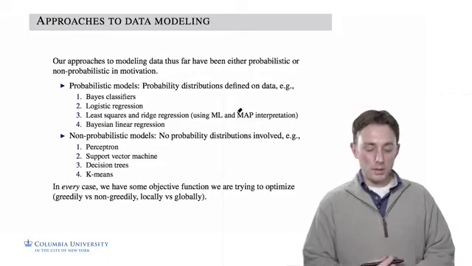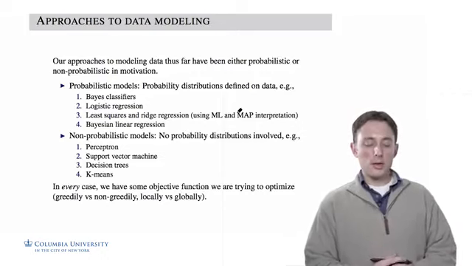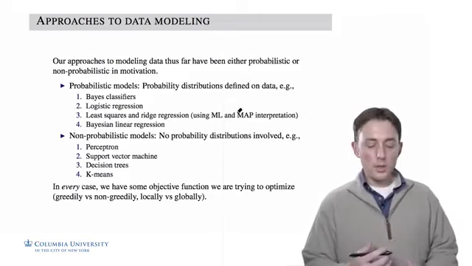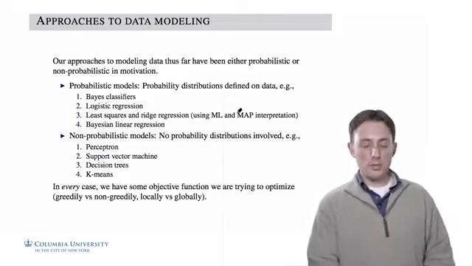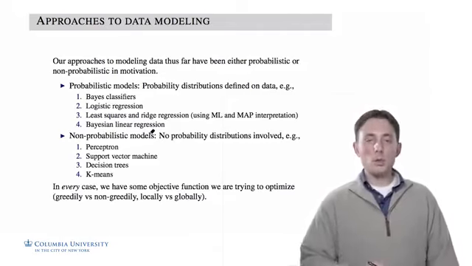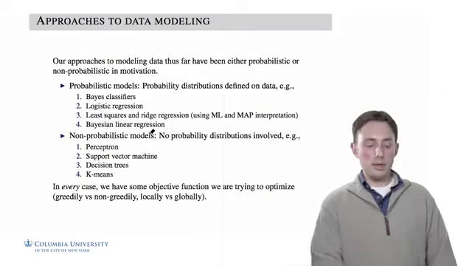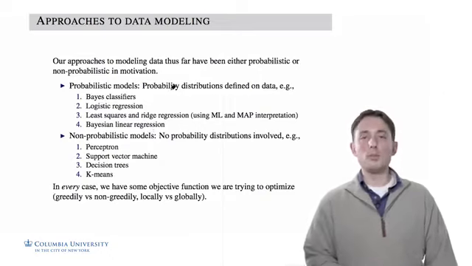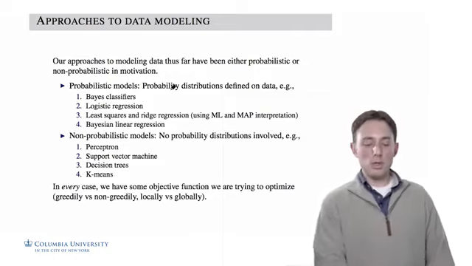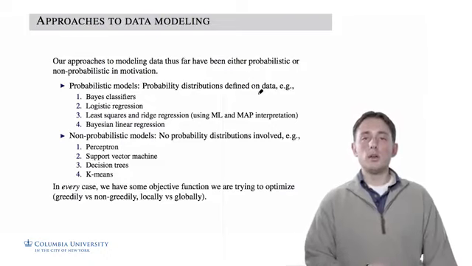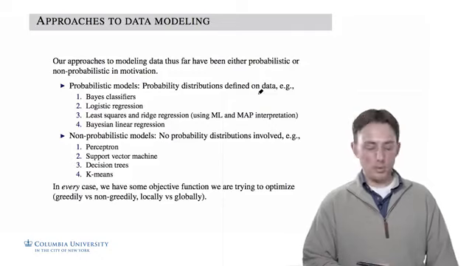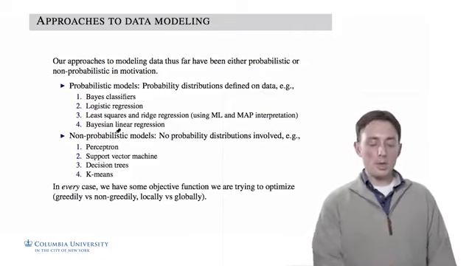Examples of probabilistic models that we've discussed include Bayes classifiers, logistic regression, least squares and ridge regression, if we think of maximum likelihood and MAP interpretations of them, and Bayesian linear regression.